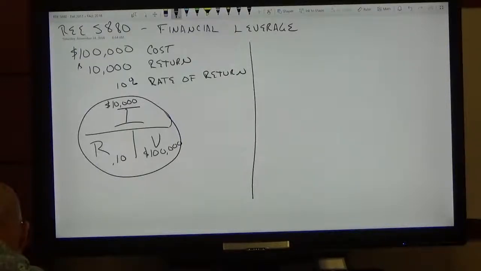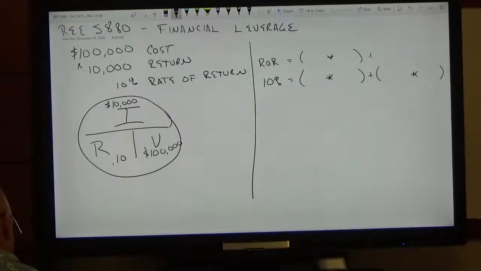Now, if we put together our overall little formula for financial leverage, it's basically going to look a lot like weighted average cost of capital, because that's pretty much what it is. Those of you that have had any finance courses have probably seen this in a slightly different form. So let me go through and explain. I may have mentioned this at another point in the class.